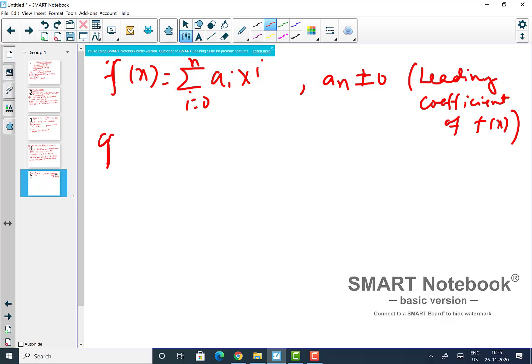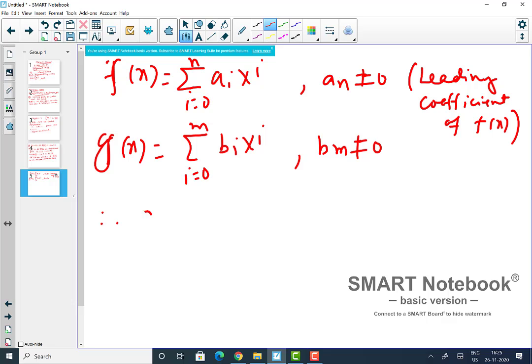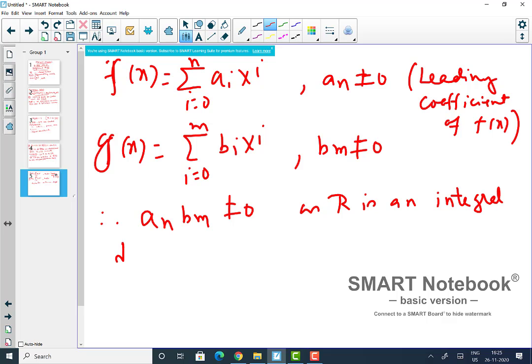Similarly, for g(x) you can do the same thing, and have some b_i x^i, i equal to 0 to m, and b_m is not equal to 0. This is the leading coefficient, and thus a_n b_m is not equal to 0 as R is an integral domain, and hence f(x)g(x) is not equal to 0, because this is the highest term inside the product.